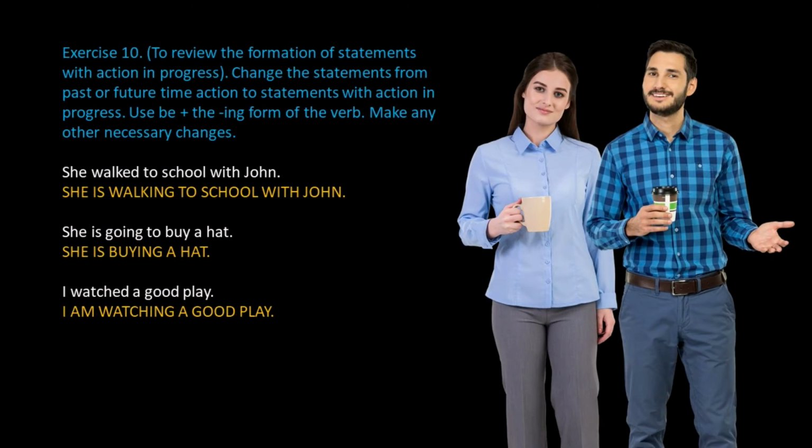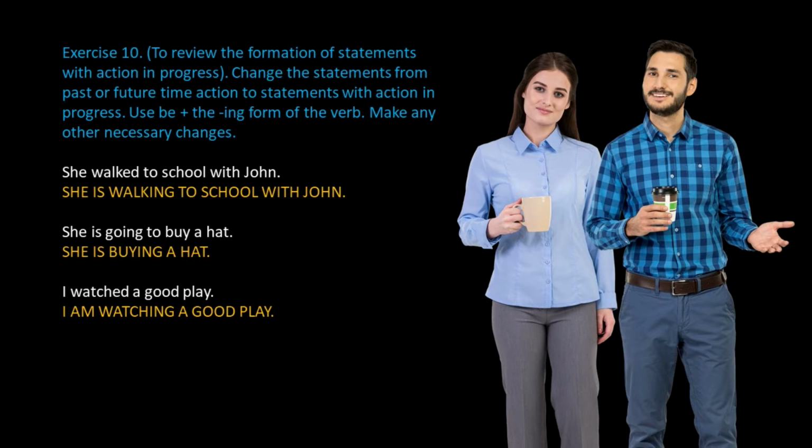Exercise 10. To review the formation of statements with action in progress. Change the statements from past or future time action to statements with action in progress. Use be plus the ing form of the verb. Make any other necessary changes. For example, She walked to school with John.